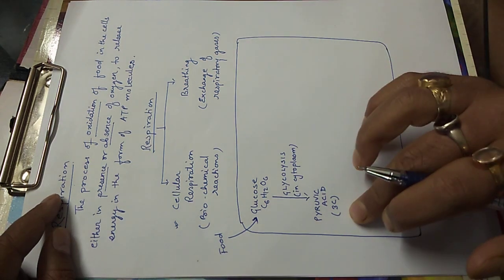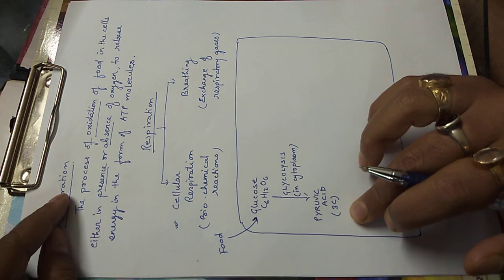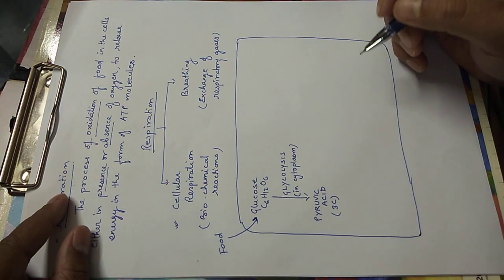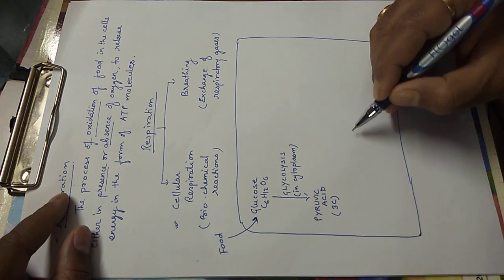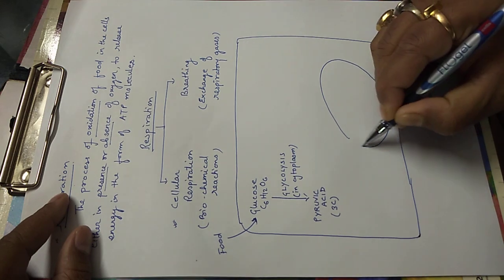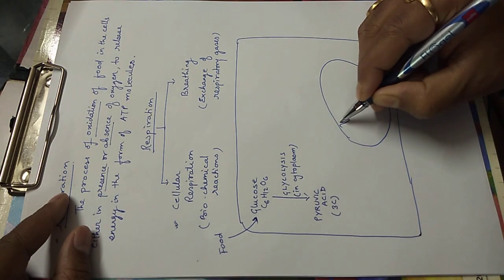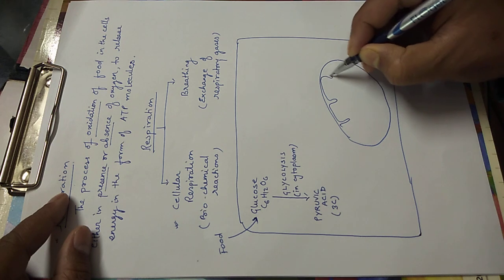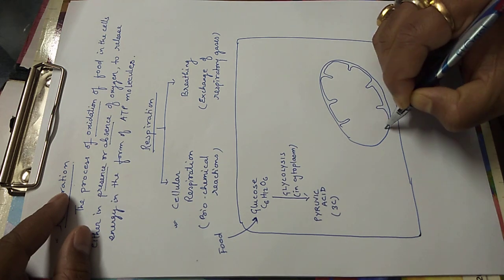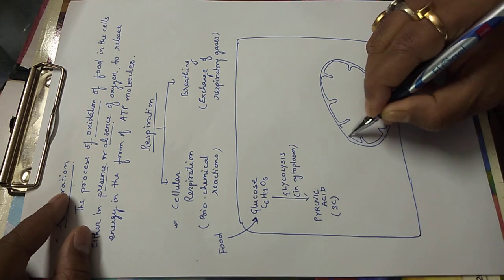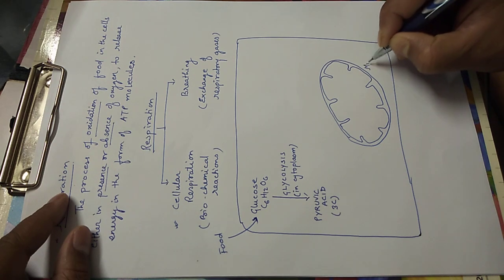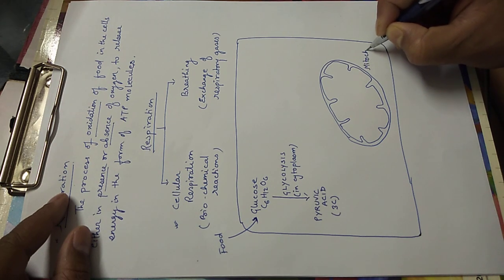Now from here there are different processes which can occur. If it is a case of aerobic respiration, then what happens? There is a cell organelle. If you can recognize it from your class 9, I have drawn what is called a mitochondria. There is a mitochondrion.